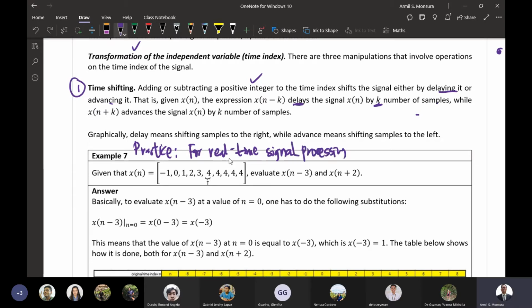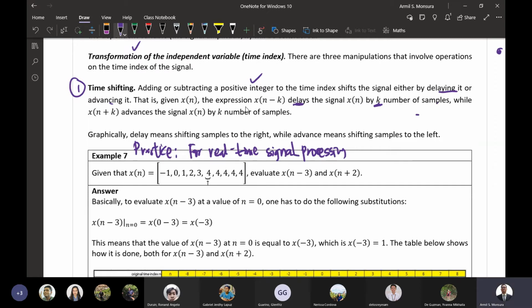Okay, real time. Ibig sabihin, you process the signal in real time. Siguro naintindihan naman natin lahat yung konteksto ng real time signal processing. Okay lang ba? Ibig sabihin, you process the signal as it comes, as the signal value is generated.